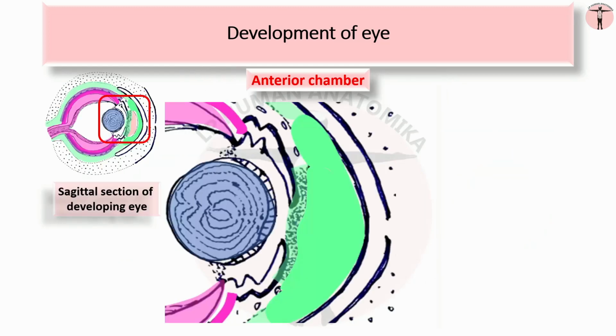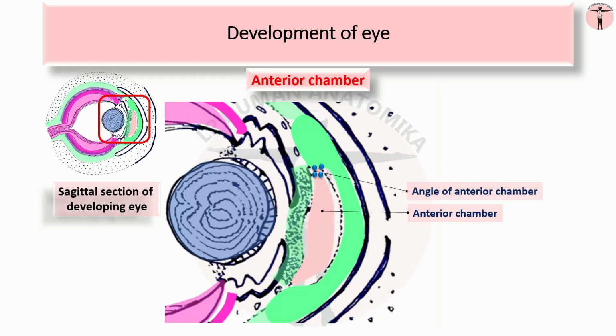Now let us discuss the development of the chambers of the eye. The mesenchyme in front of the lens undergoes vacuolization to form the anterior chamber of the eye. A mass of cells of neural crest origin and mesenchyme accumulates in the angle of the anterior chamber adjacent to the ciliary body and the root of the iris.